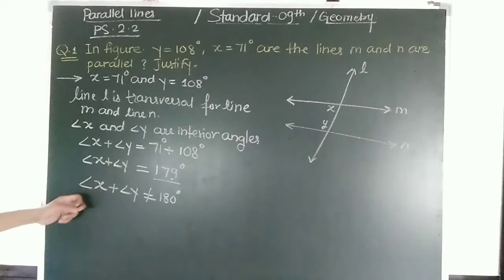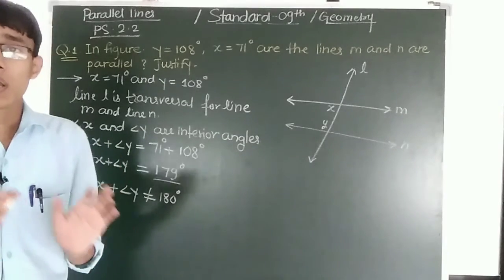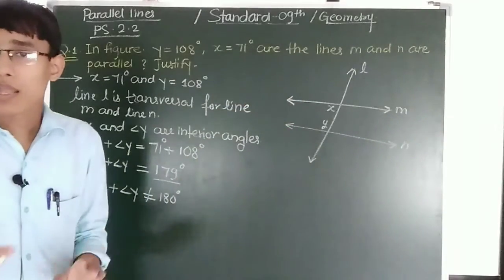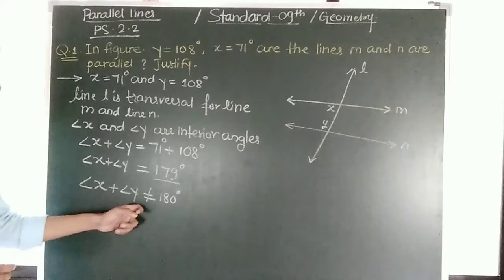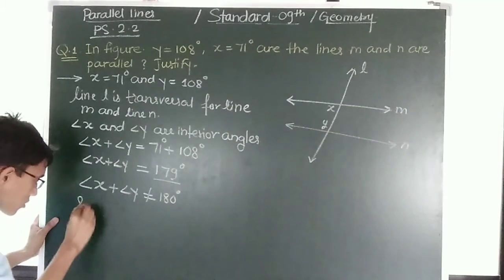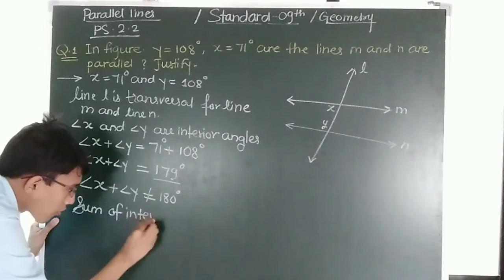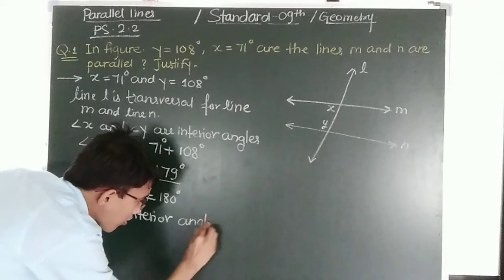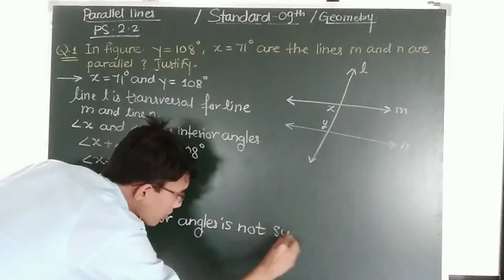Okay, now why I have written this? Both are interior angles. If the sum of interior angles is 180 degrees, that means these two lines will be parallel lines. Okay, but as the sum of interior angles is not equal to 180 degrees, that means I can write: sum of interior angles is not supplementary.